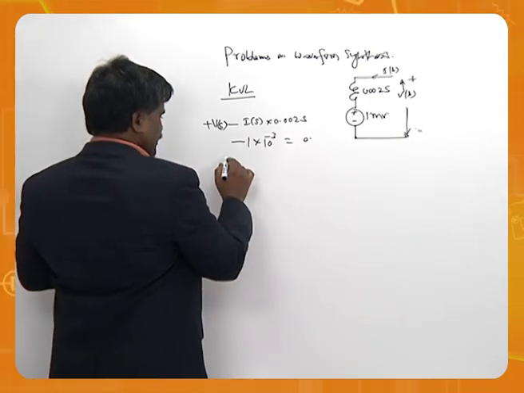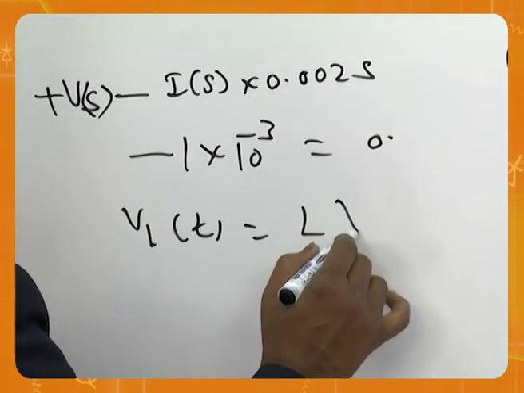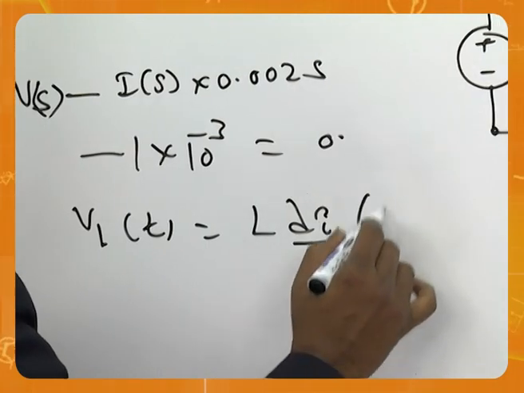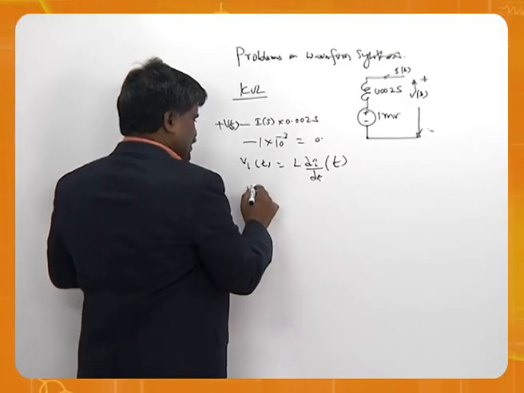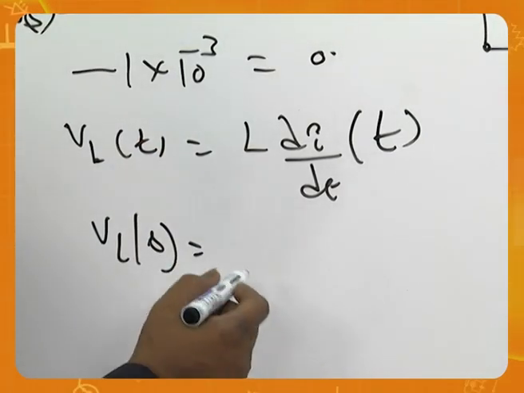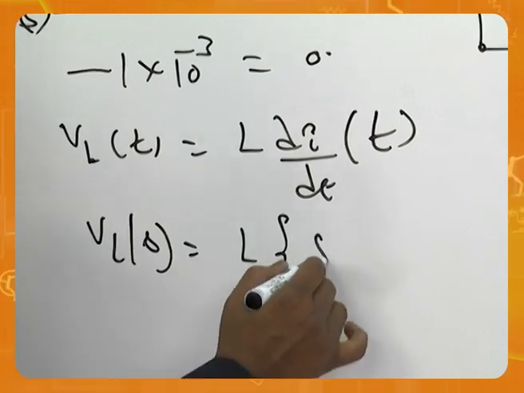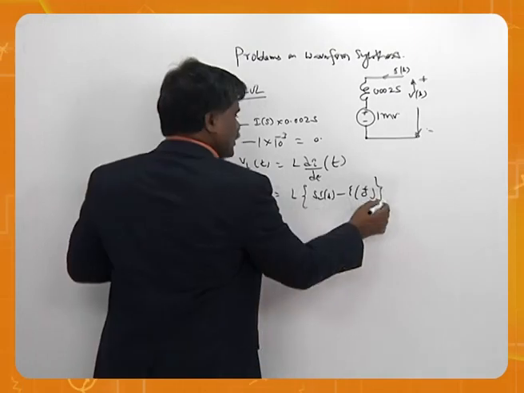Suppose in time domain, VL of t is equal to L di by dt, and when you take the Laplace transform, you get L into S into I of S minus I of 0 plus.